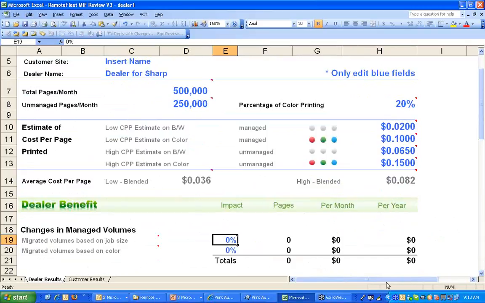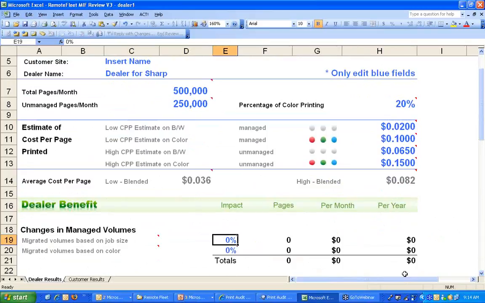What our studies show is that those jobs usually comprise anywhere between 1 and 5% of the total number of jobs in the environment, and yet even though they make up such a relatively low percentage of the total jobs, they actually contribute a very large amount to the percentage of volumes.